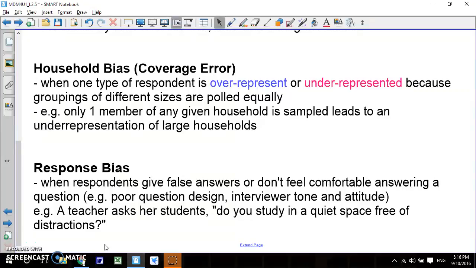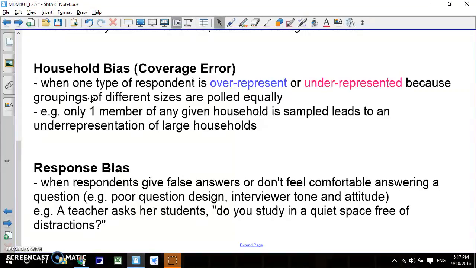For example, if a teacher just asks the students, do you study in a quiet space free of distractions? Well, the students will probably say they do, because they want to impress the teacher by saying I'm very studious, and when I study, I just focus on my study rather than playing on my cell phone, texting my friends, or listening to loud music, which the students actually know is not helpful for studying. So this is an example of response bias.